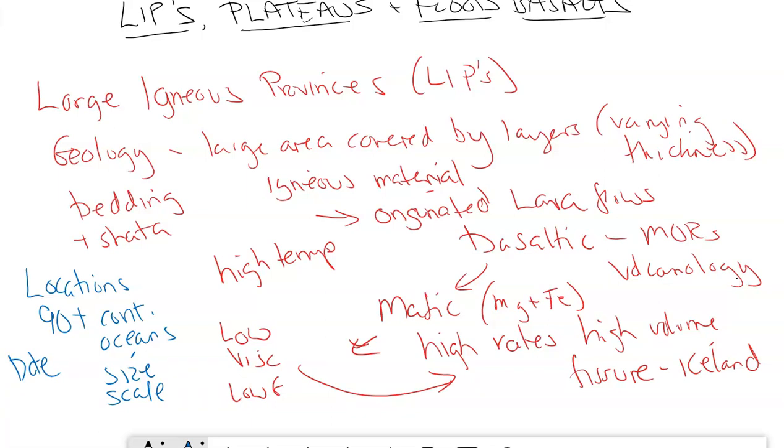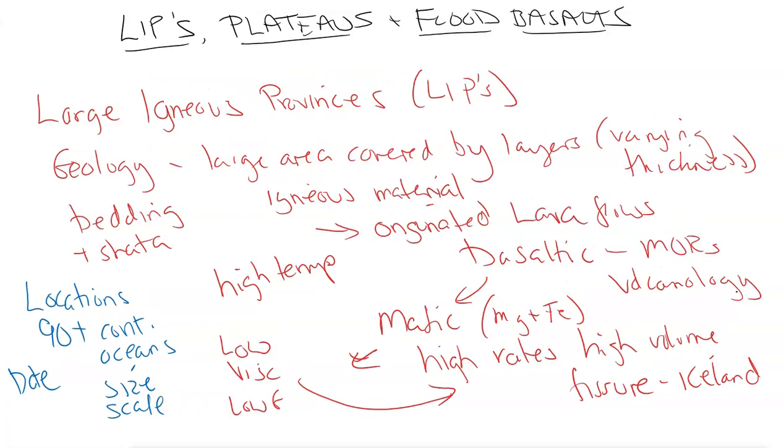Now, a lot of these LIPs started around the Mesozoic era, so around 250 million years ago, up to about 65 million years ago, which corresponds nicely with the breakup of Pangea.